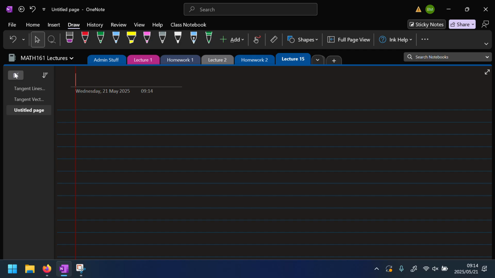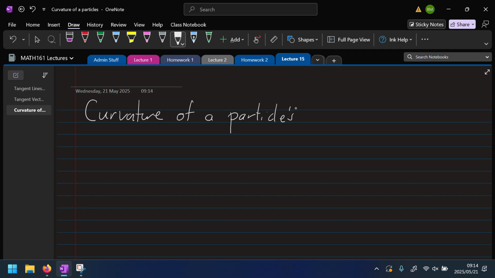So you might have seen this in physics, maybe not, but we'll go through it again, and that is the curvature. Did you cover curvature in physics?